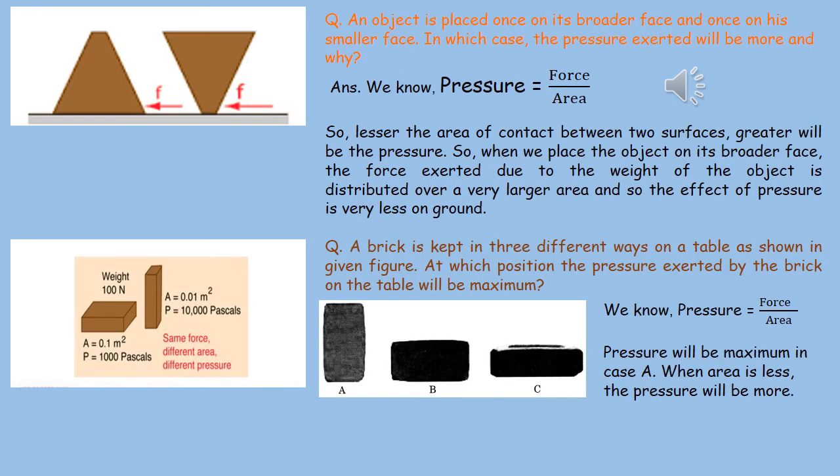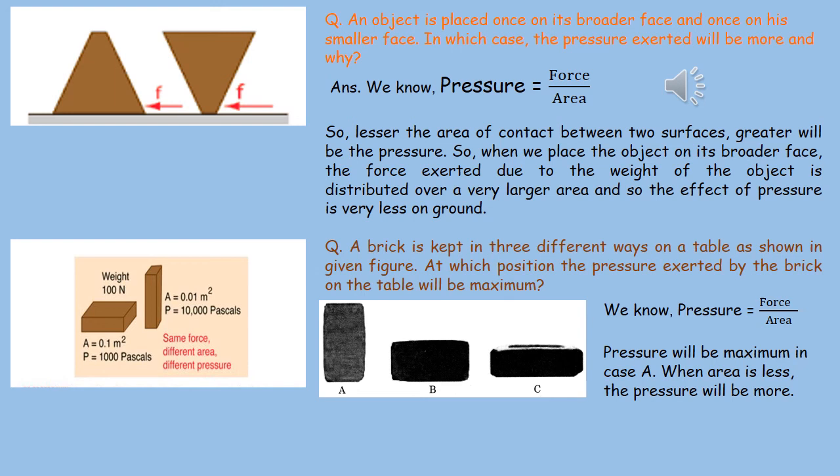In the figure we can see an object is placed on its broader face, and in the second figure the same object is placed on its smaller face. In which case is the pressure exerted by the object more and why? The same concept is being used here. Pressure is equal to force by area.